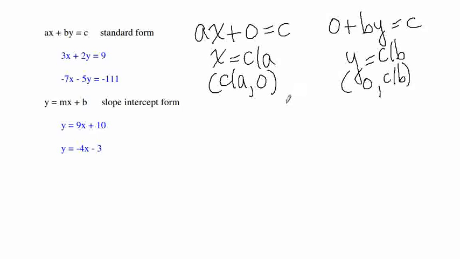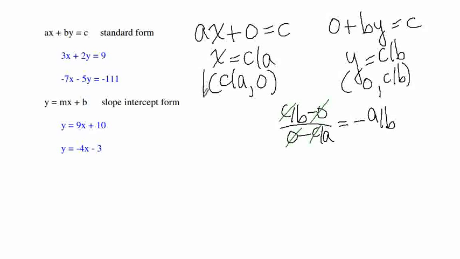So in other words, c over b minus 0 over 0 minus c over a, and that simplifies to, let's see, so the zeros we can ignore those, the c's cancel, multiply the top and bottom by minus a, and so I get minus a over b.